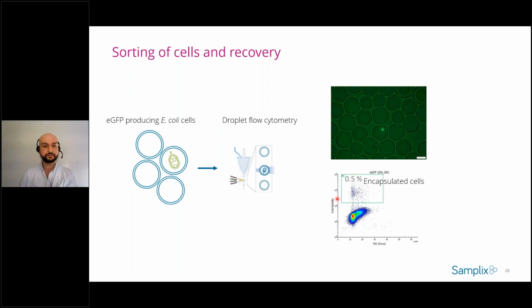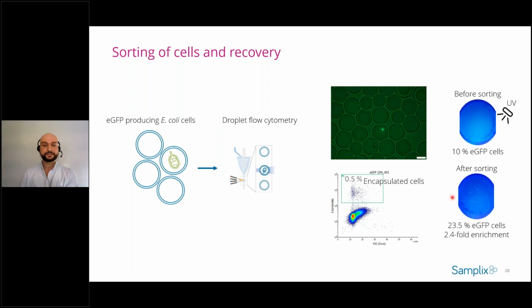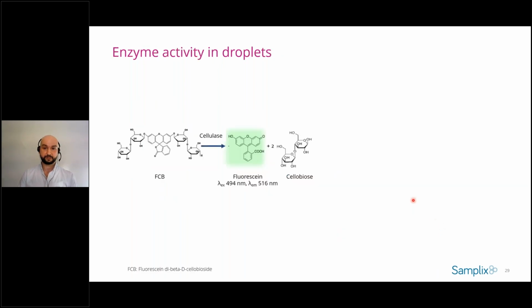This is the size indication on the x-axis, and this is the y-axis, the fluorescent signal. After sorting, we plated them out and analyzed the EGFP-producing cells, and as a proof of principle we got a 2.4-fold enrichment. So cells are viable and they can be recovered. This is very important for the next steps.